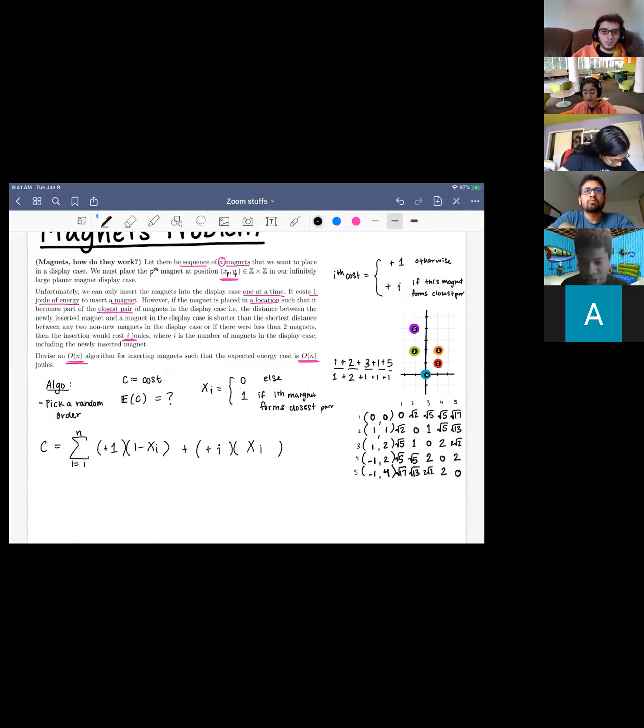So this trick will simplify to exactly what you guys wrote down, which is 1 plus (i minus 1) xi. So you guys went ahead and got the correct answer. But intuitively, if you didn't immediately think of it that way, you could split up your if statement into this. And this is a neat trick of turning your indicator random variable when it's a 0 into a 1, because when this is 0, this entire thing becomes 1. Okay, does that make sense how we got the summation?